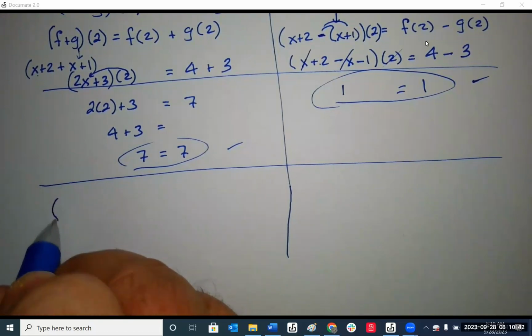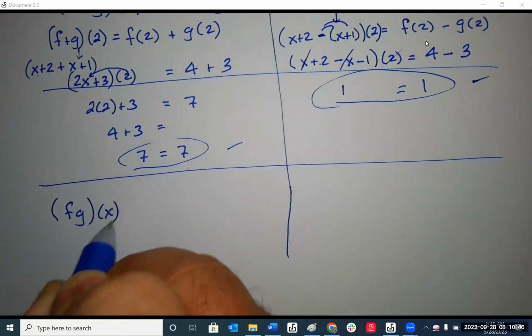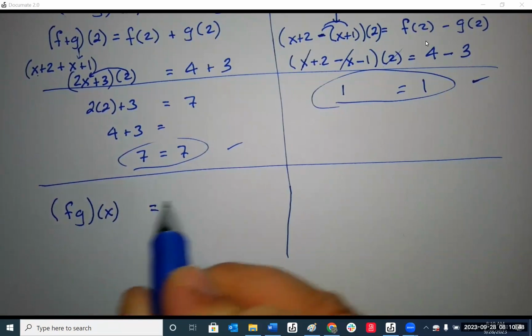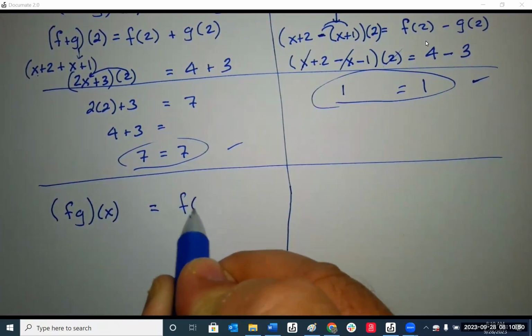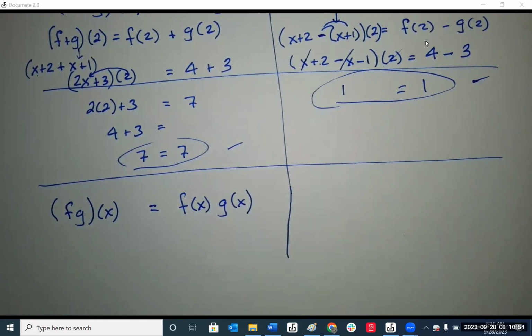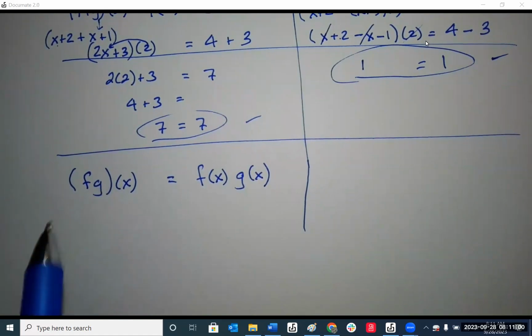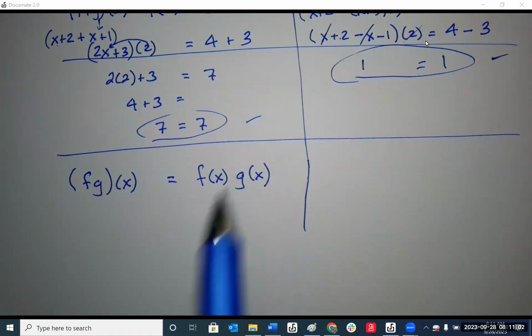The third one is multiplication. We can multiply the two functions together first and then put the x in place, or we can find the values and then multiply the two answers.